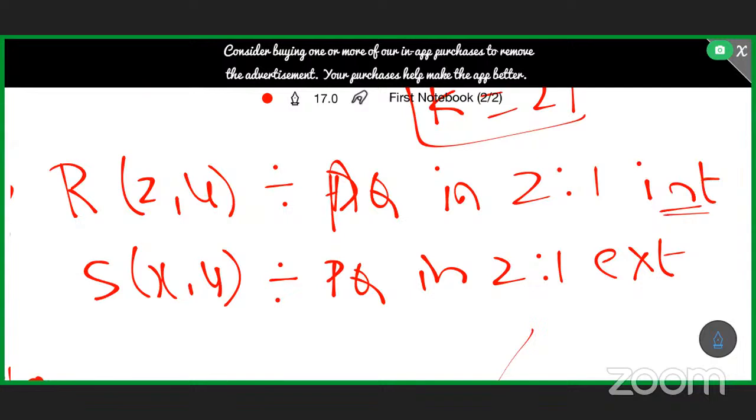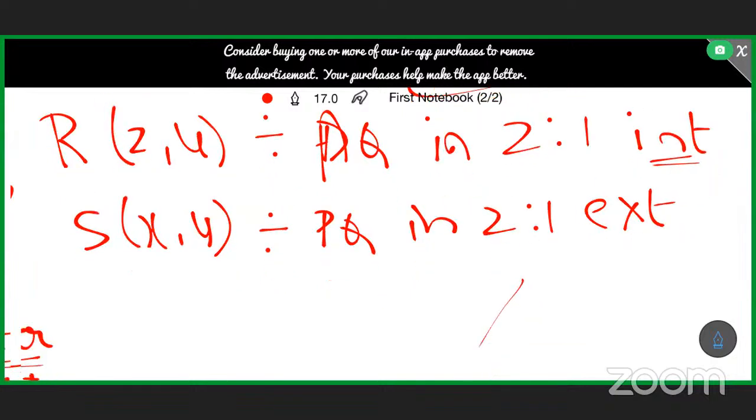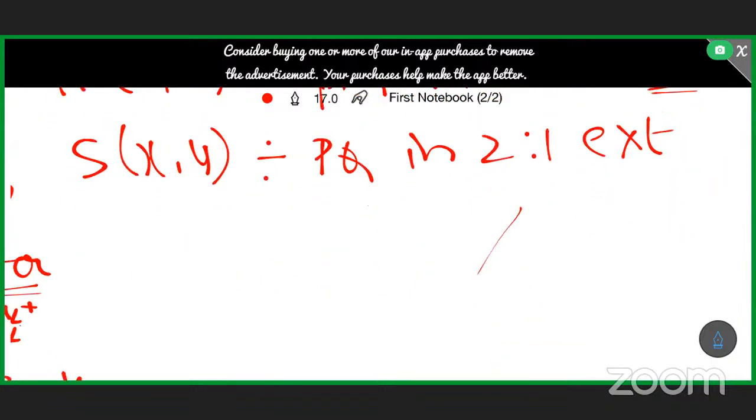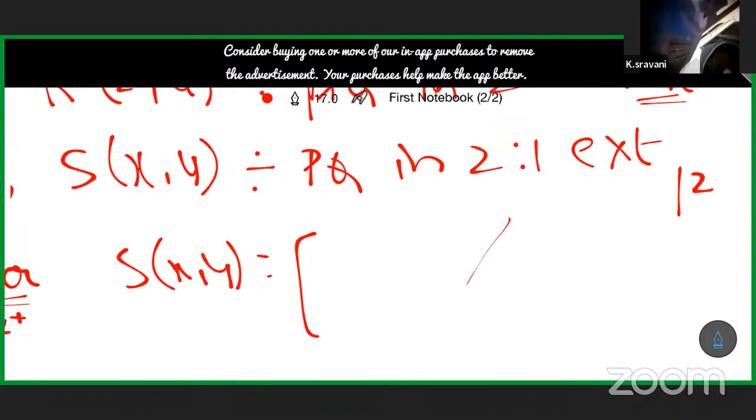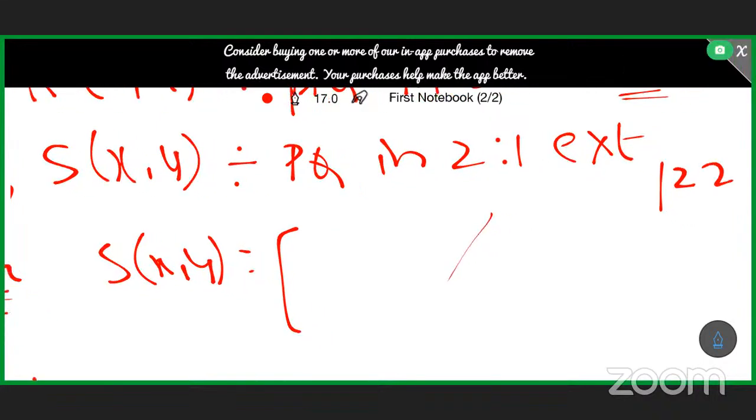Using this concept, I will now find the coordinates of S (x, y). M value is 2, n value is 1. I'm substituting for P value 2, 2 and the other one 2, 5. Answer is 2, 8.